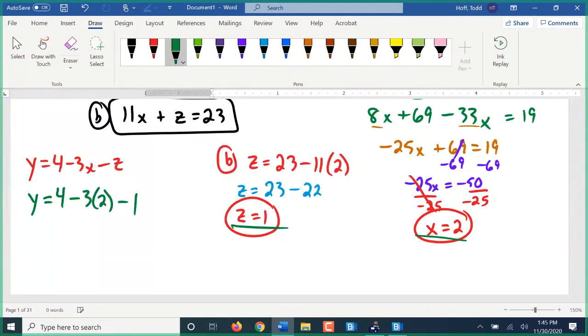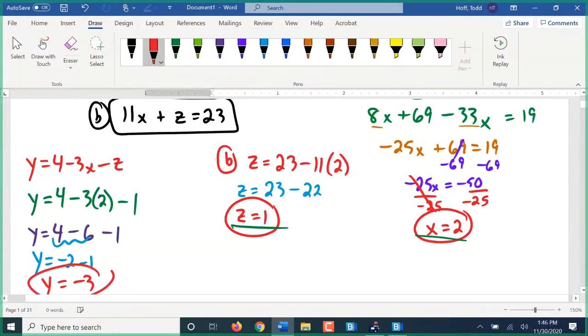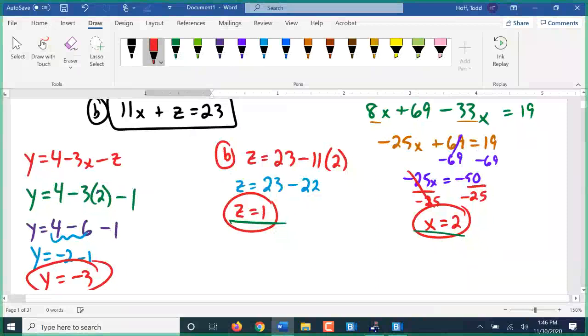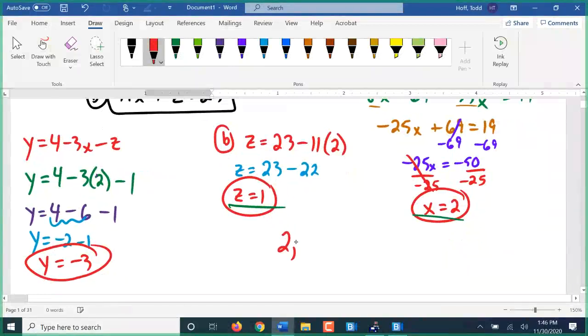Minus z is just going to be minus 1. Order of operations. 3 times 2 is 6. We're going to go left to right. 4 minus 6 is a negative 2. And negative 2 minus 1 is a negative 3. So the solution to this system of equations is x is 2, y is negative 3, and z equals 1.